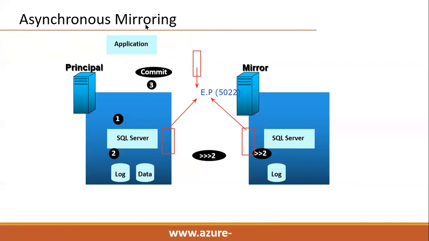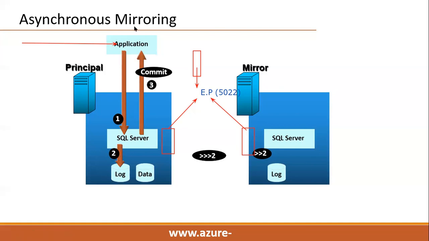In case of asynchronous mode, whenever the user submits, the changes are submitted to the application server. The application server submits those changes to our production server. Once the changes are written in the principal database, immediately the user is getting the acknowledgement.